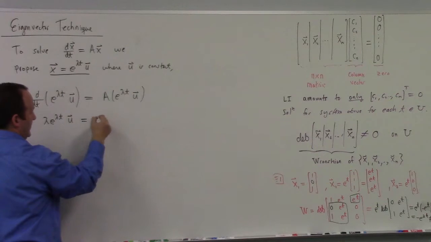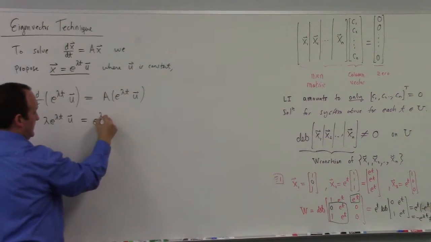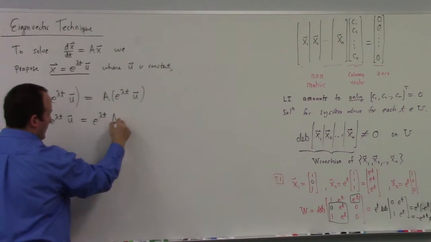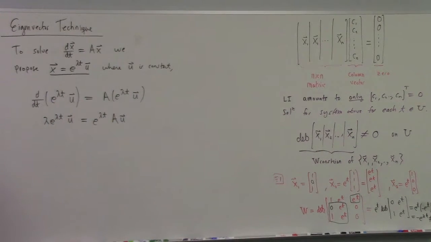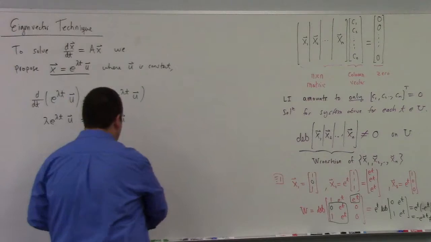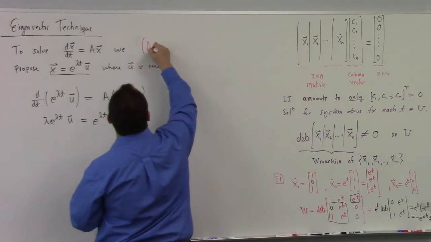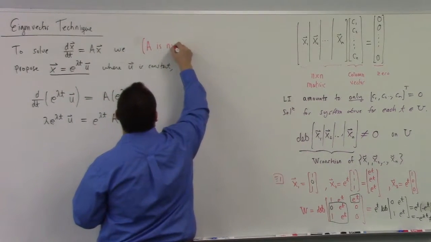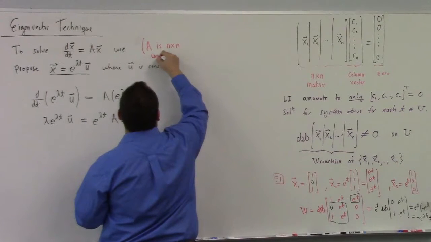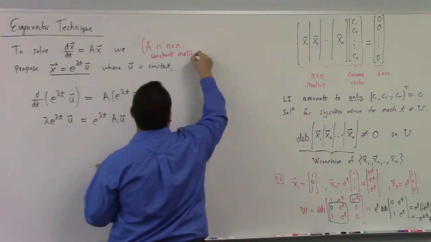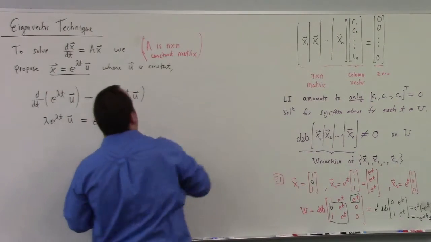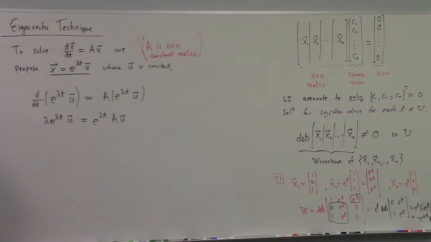And over here, we can pull the scalar out, e to the lambda t times Au. Remember, A is a matrix here, a square n by n constant matrix. I've said this, but it should be emphasized. That's what A is.